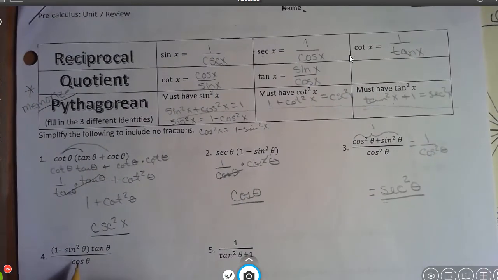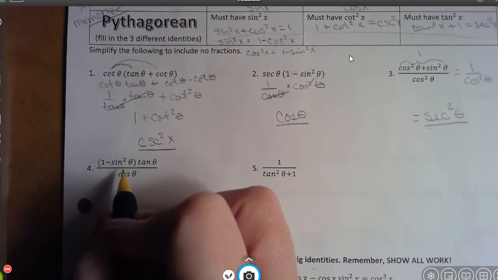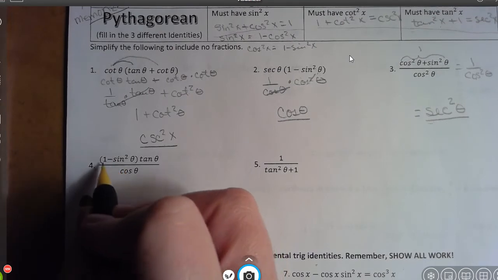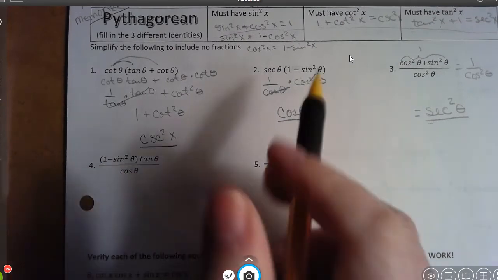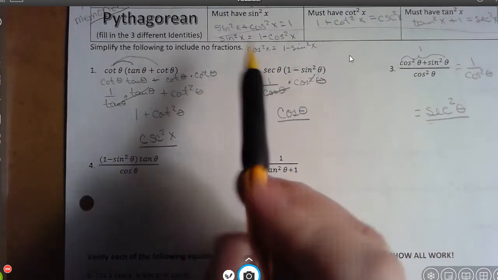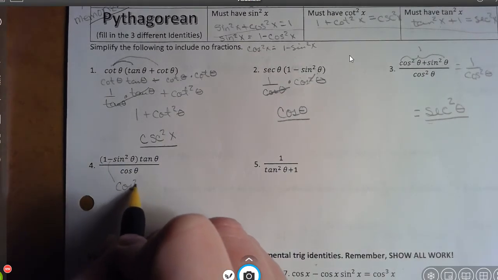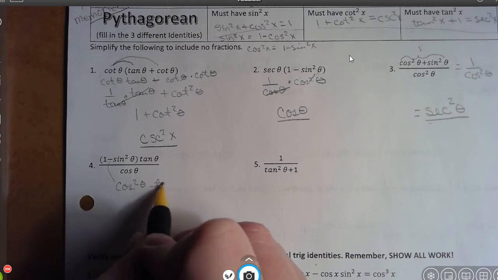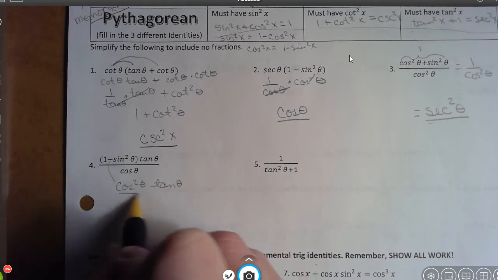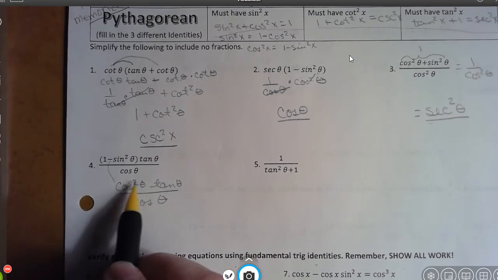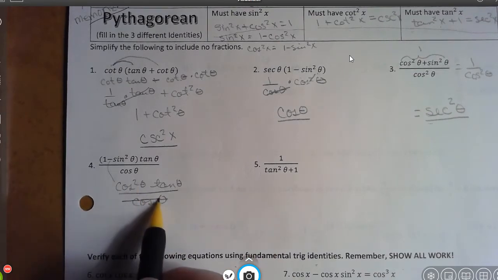There we go. This one, I've got to make sure I'm staying in the frame here. This one, 1 minus sine squared, if you remember, is cosine squared. So this becomes cosine squared theta tangent theta all over cosine theta. Oh my gosh, I have a cosine squared and a cosine.